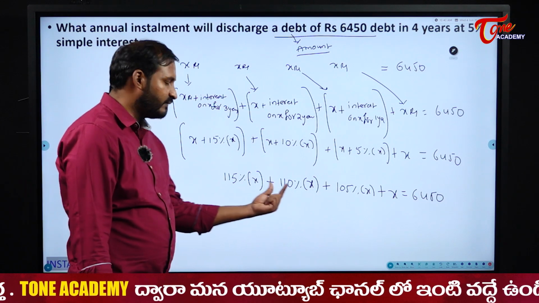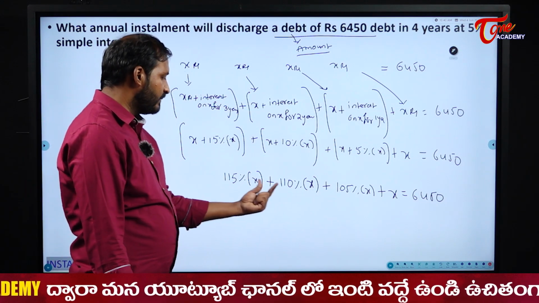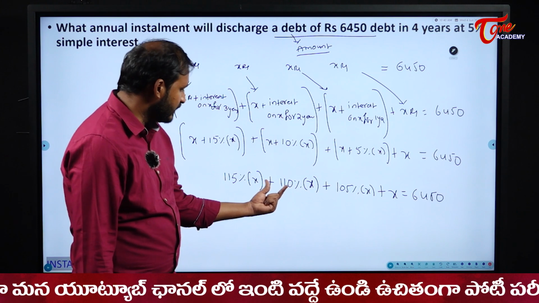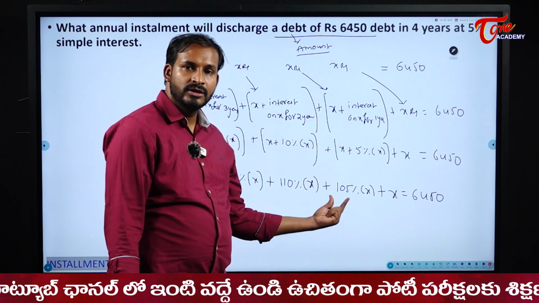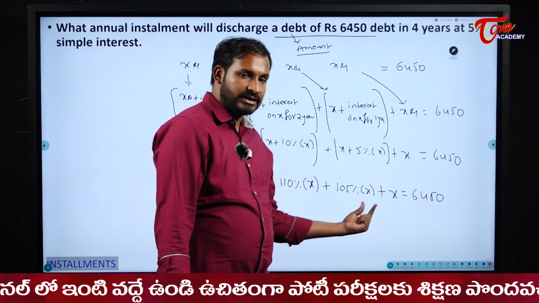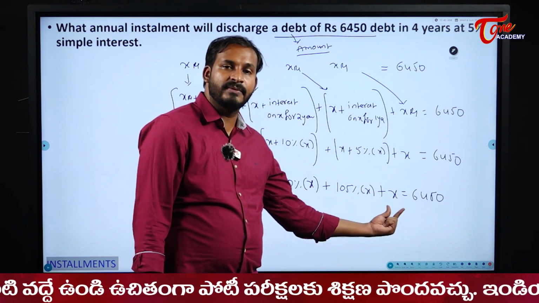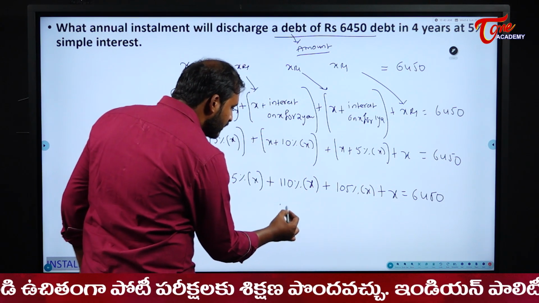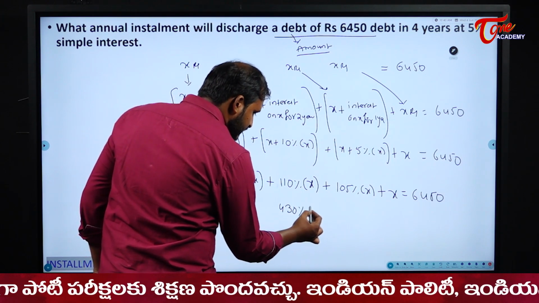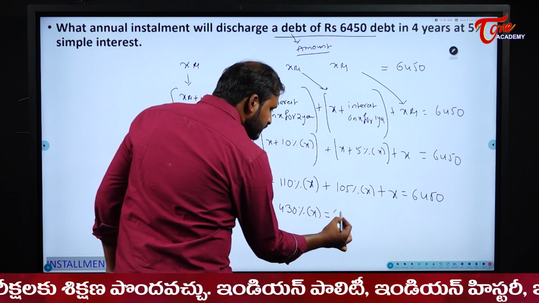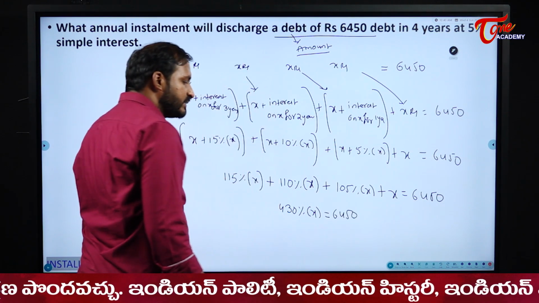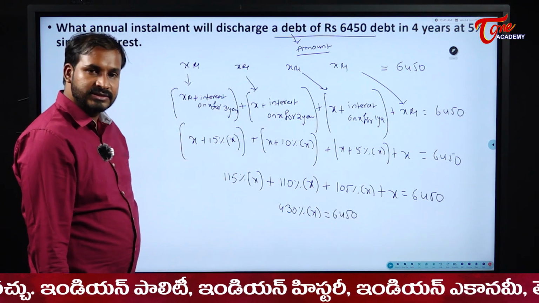Now add all this, 115 plus 110, what it becomes? 225. 225 plus 105, sorry, 330. 330 plus x means 100% of x, so overall it will become 430% of x, equal to 6450.